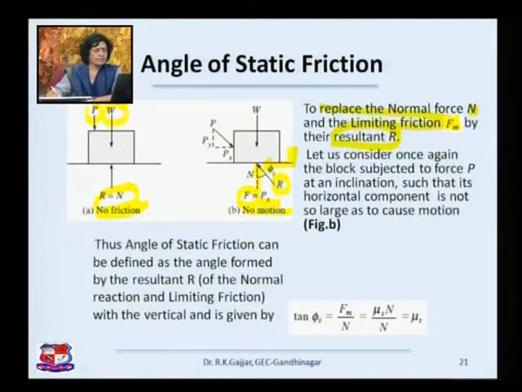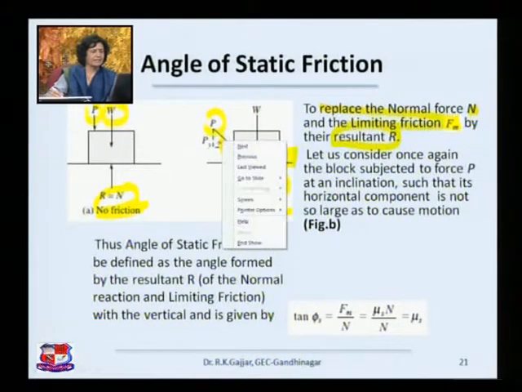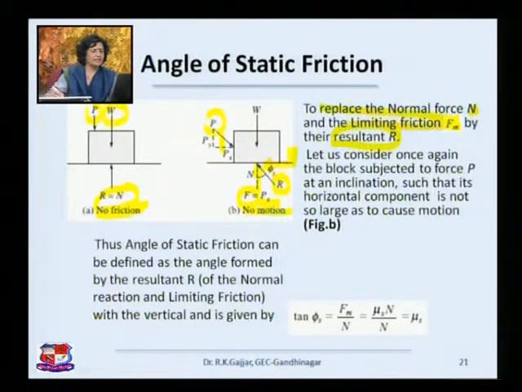So, if you just consider this block, the block is subjected to force P at some inclination, such that the horizontal component is not so large as to cause motion. It is a critical section. This angle is very critical. It is such that it is not causing any motion.